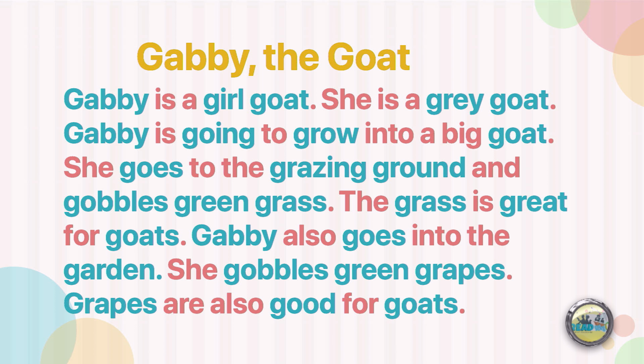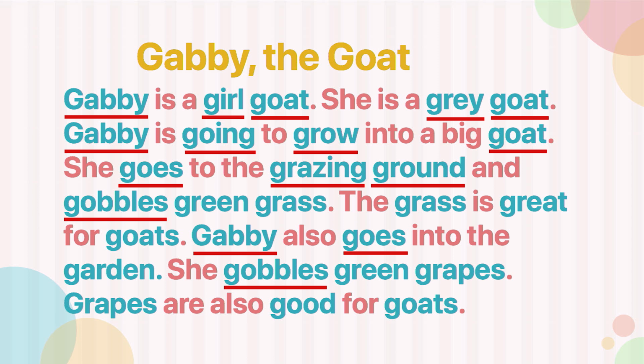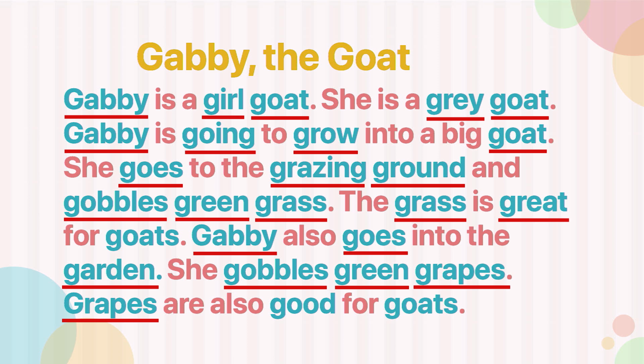Some of our words are Gabby, girl, goat, gray, going, grow, goes, grazing, ground, gobbles, green, grass, great, garden, grapes, and good.